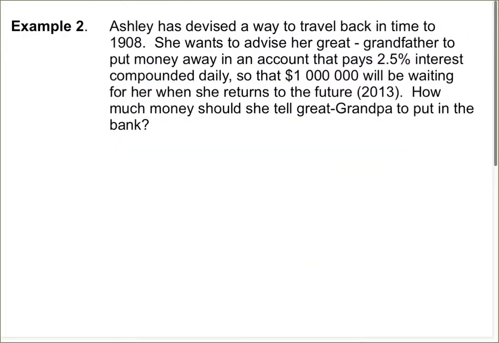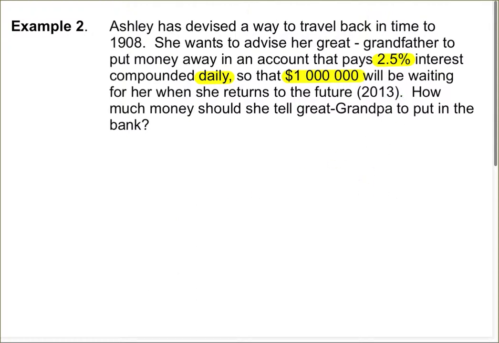Okay, next question. Ashley has devised a way to travel back in time to 1908. She wants to advise her great-grandfather to put money away in an account that pays 2.5% interest compounded daily. All right, I'm going to start highlighting things here. 2.5 daily, and she wants $1 million after she returns to the future.